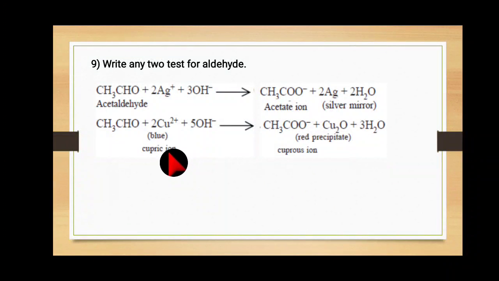Initially the copper sulfate color is blue, and when the Fehling solution reacts with acetaldehyde, it gives a red precipitate, cuprous oxide. Here also acetaldehyde turns to acetate ion and a red precipitate. By this we can understand the compound has an aldehyde group.